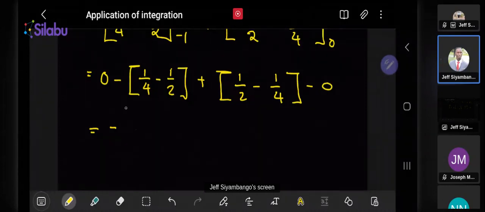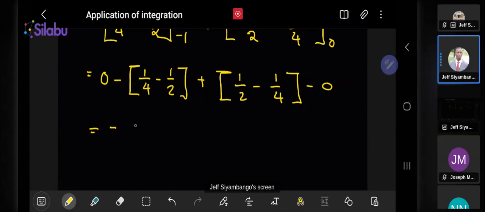Okay, so let's see what we get here. It becomes 1 over 2 minus... observe this part.